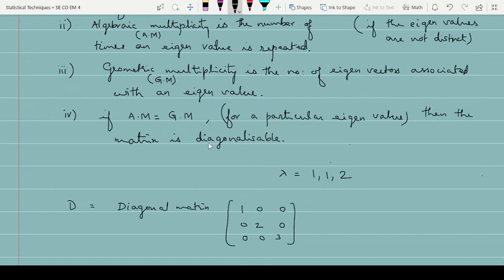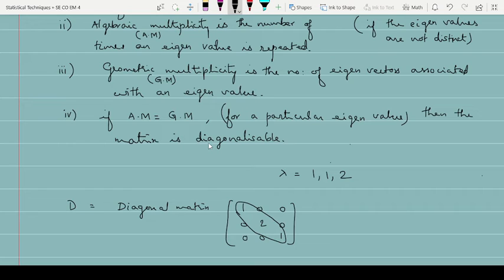Then also the diagonal matrix will be just this, 1, 1 and 2. And you can write it in any order also. It is not necessary to write 1, 1, 2. You can write it as 2, 1, 1, or 1, 2, 1. The only thing is that the diagonal elements will be formed by these eigenvalues.